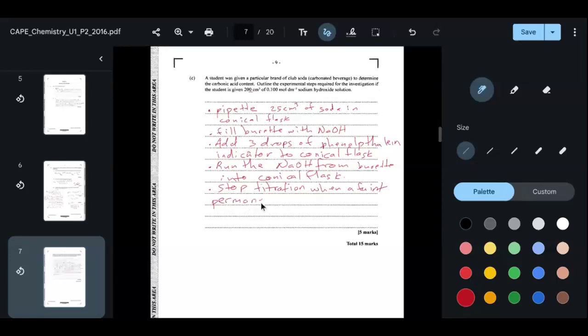This is moving slow, probably the internet. All right, when a faint pink color is obtained, you repeat the experiment 3 times.